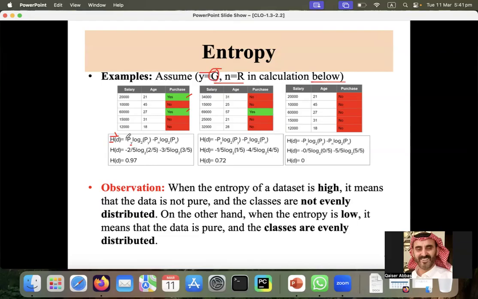And minus. Here you have the minus, and here you have the minus. Minus Pn log base 2 Pn, and this n means red in the first figure. In the first figure. Understood? Clear?